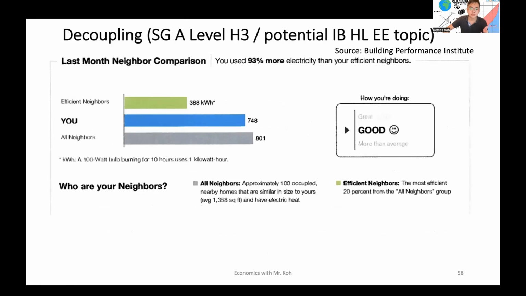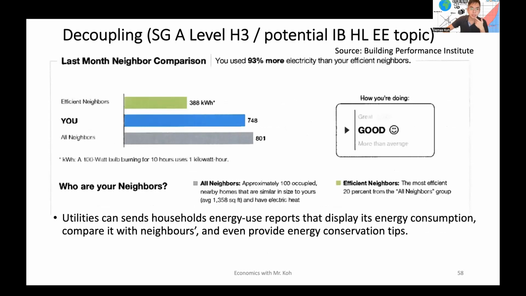So this is an example. As you can see, your usage is quite salient over there, and then the use of the green color for the efficient neighbors. So you're compared against your more efficient neighbors.